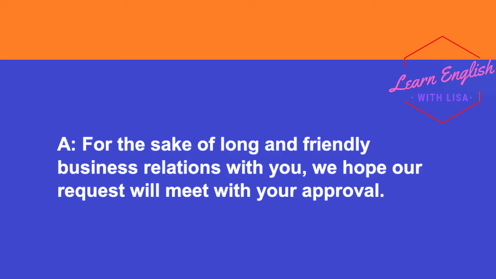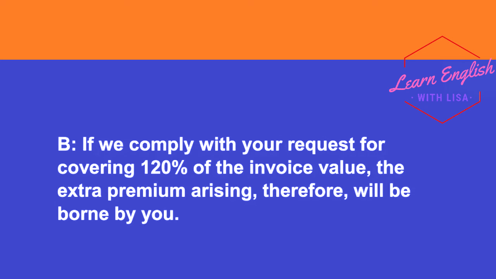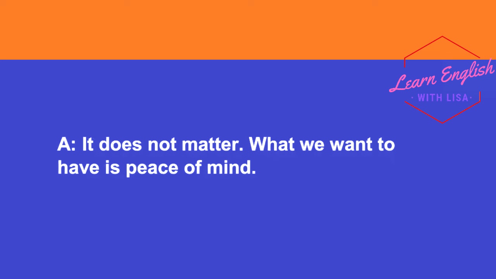For the sake of long and friendly business relations with you, we hope our request will meet with your approval. If we comply with your request for covering 120% of the invoice value, the extra premium arising, therefore, will be borne by you. It does not matter. What we want to have is peace of mind.